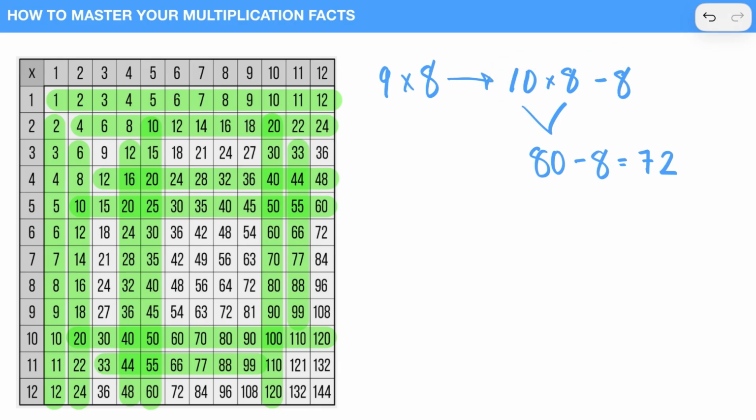So we're rewriting the 9 into 10 minus 1. 9 times anything is 10 times that thing minus the thing. 10 times 8 minus 8 is going to get you your answer. That one's a little bit more involved, but it sure beats trying to memorize what 9 times 12 or 9 times 9 is, for that matter.